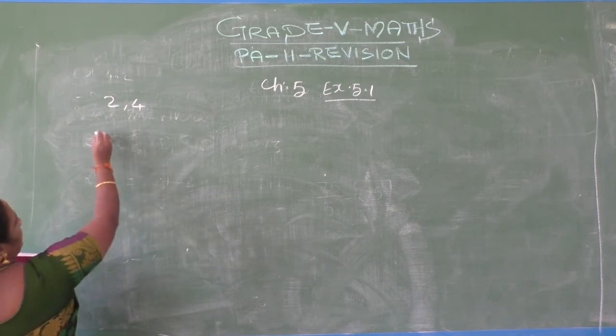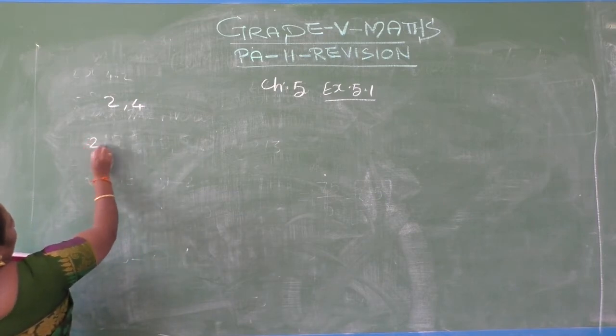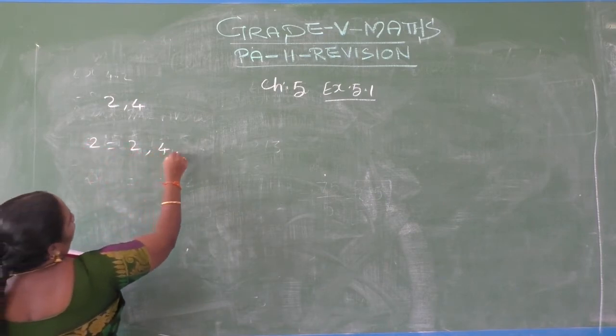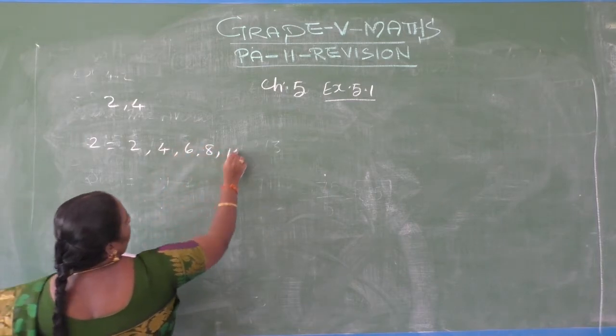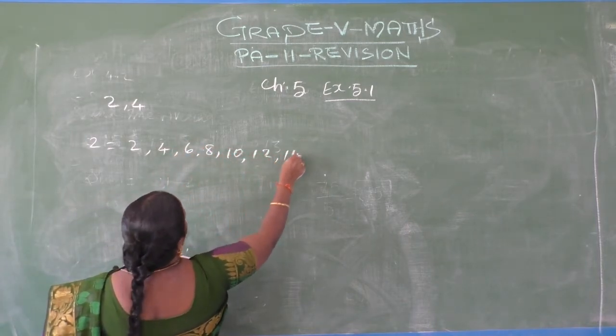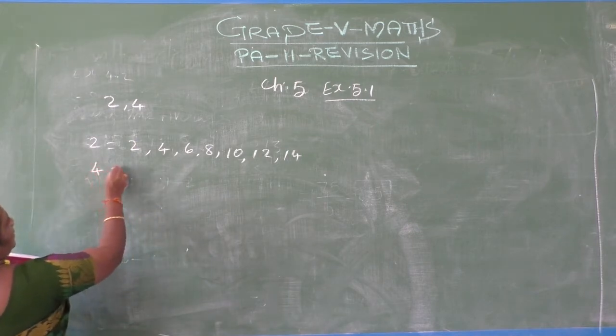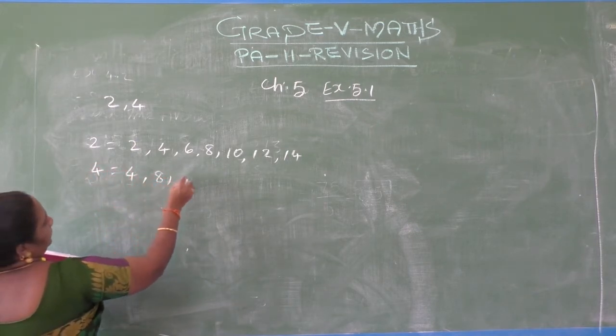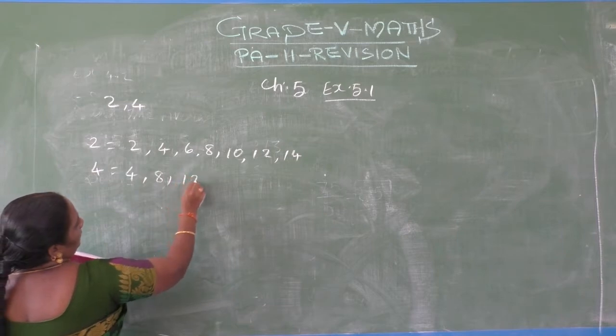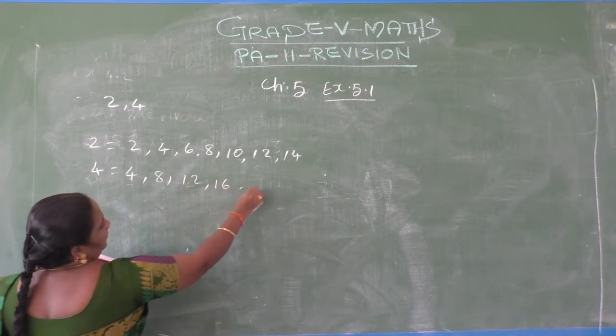First you have to write the multiples of 2: 2, 4, 6, 8, 10, 12, likewise it will go. Then write the multiples of 4: 4, 8, 12, 16, likewise it will go.